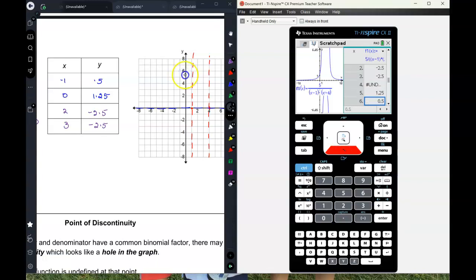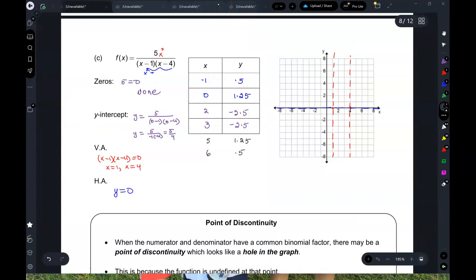And then let's go to the other side, 5 and 6, and do 1.25 and 0.5. Because it goes up and then back down. So -1 is 0.5. 0 is 1.25. 2 and 3 is -2.5.